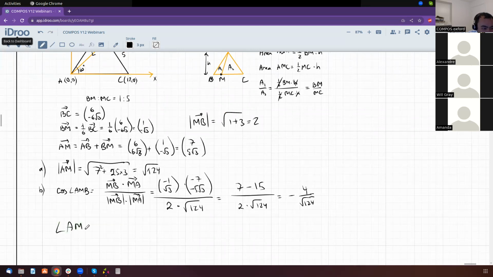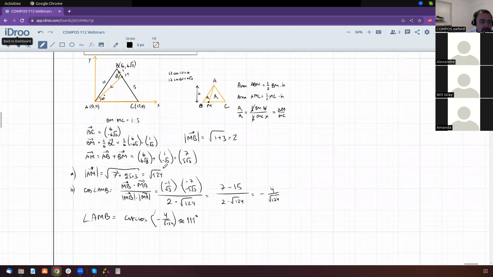Angle AMB is the arccos of minus 4 over the square root of 124, and it should be an obtuse angle. Oh yeah, it's approximately 111 degrees. Okay, good.